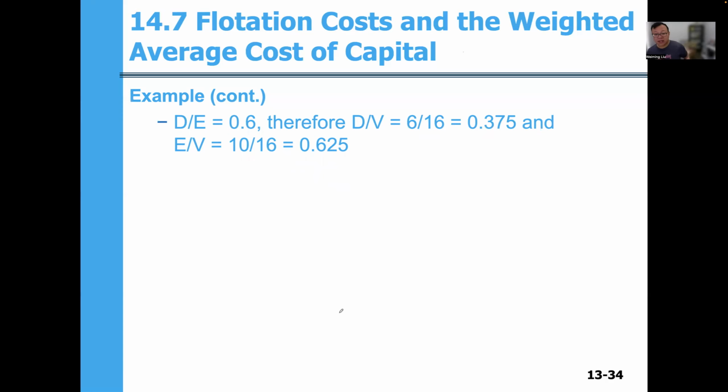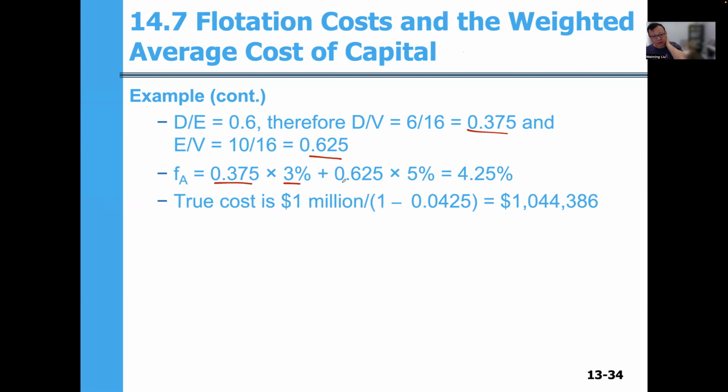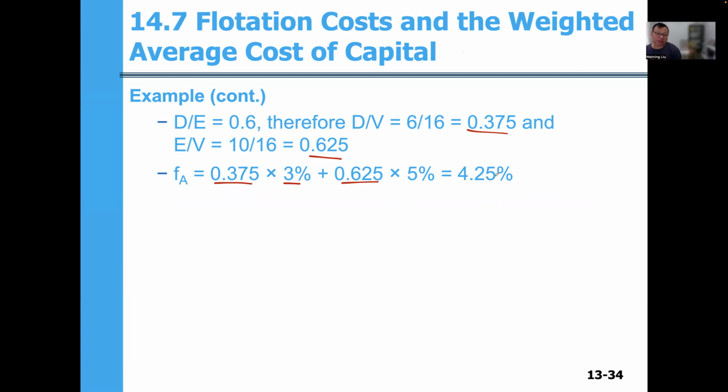So we calculated the weight for the debt is 37.5%, and the weight for the equity is 62.5%. Okay, so now what's the weighted average flotation rate, right? So that's going to be, with these weights, 4.25%.